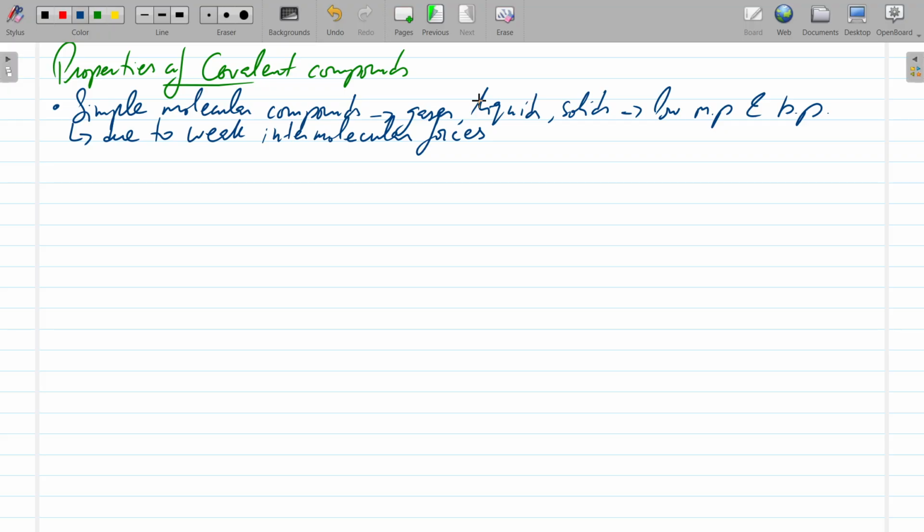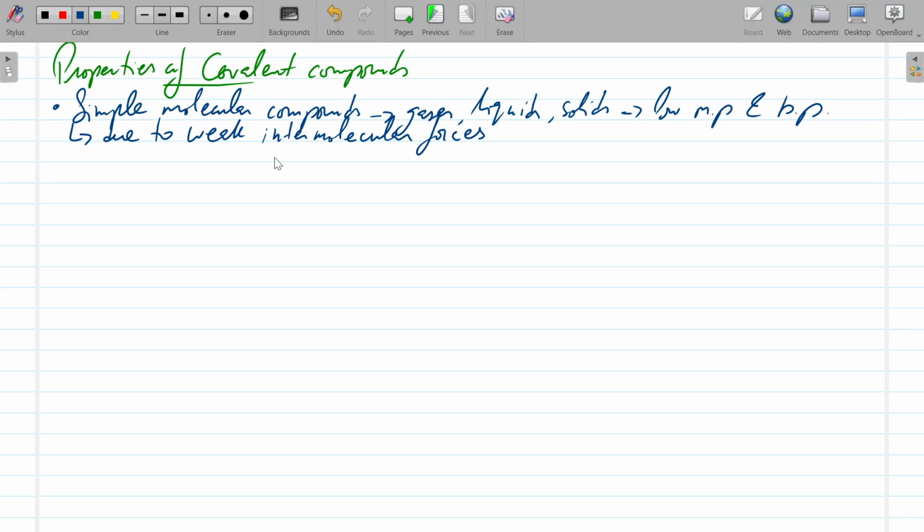We also talked about the fact that ionic compounds form giant lattices. With simple molecular covalent compounds, you don't have that kind of structure, and because the attraction between the molecules is weak, they melt and boil at relatively lower temperatures.